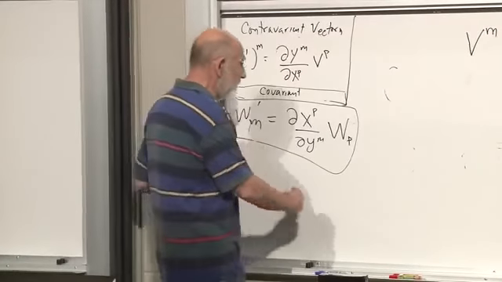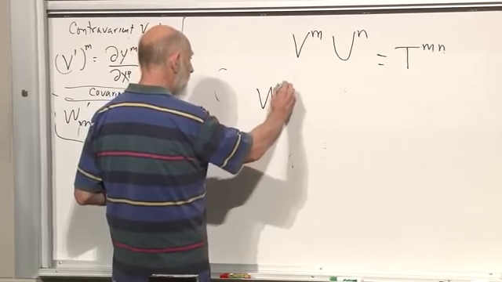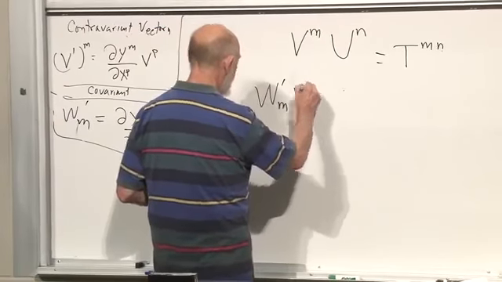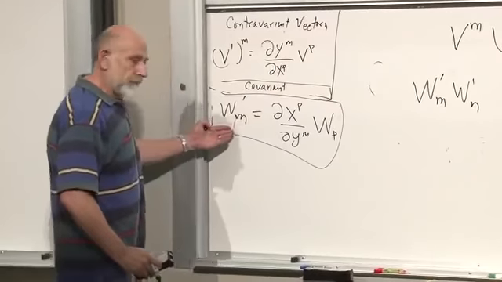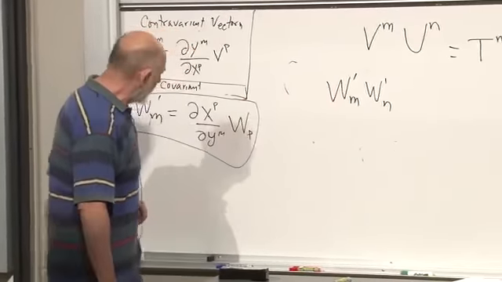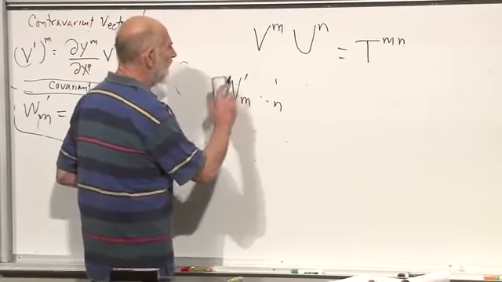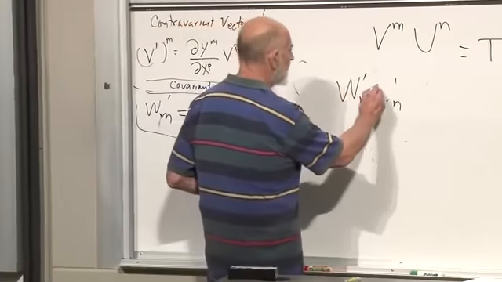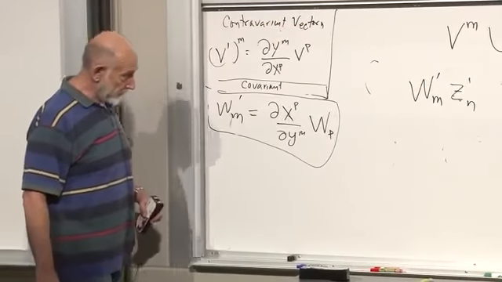Again, two different covariant tensors, W prime_M times Z prime_N. Covariant means that they're downstairs here. How does this object transform? Well, we know how the individual components transform.